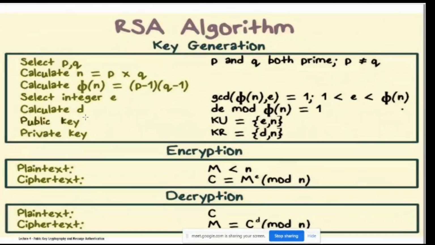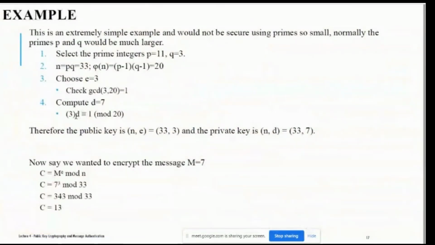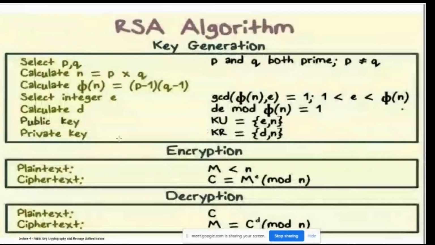What is the formula? Yeah, I want to calculate D. The formula is D into E mod phi of n equal to 1. So this is going to be the formula.